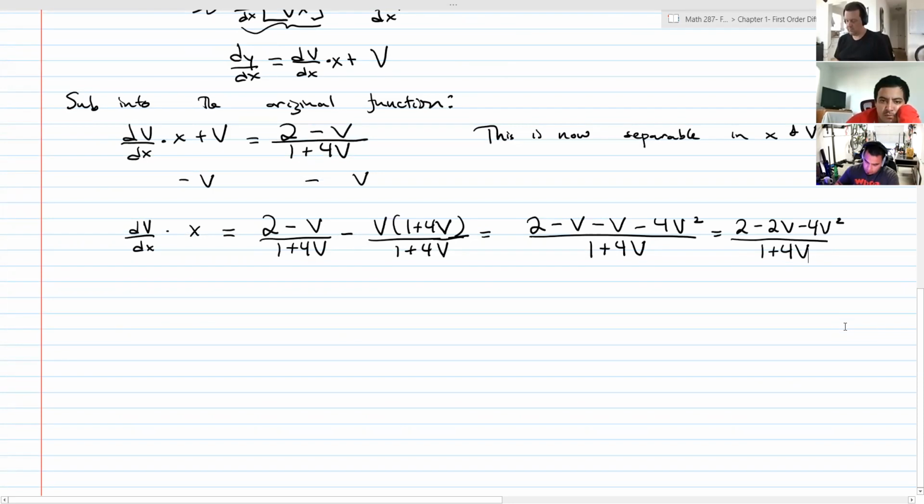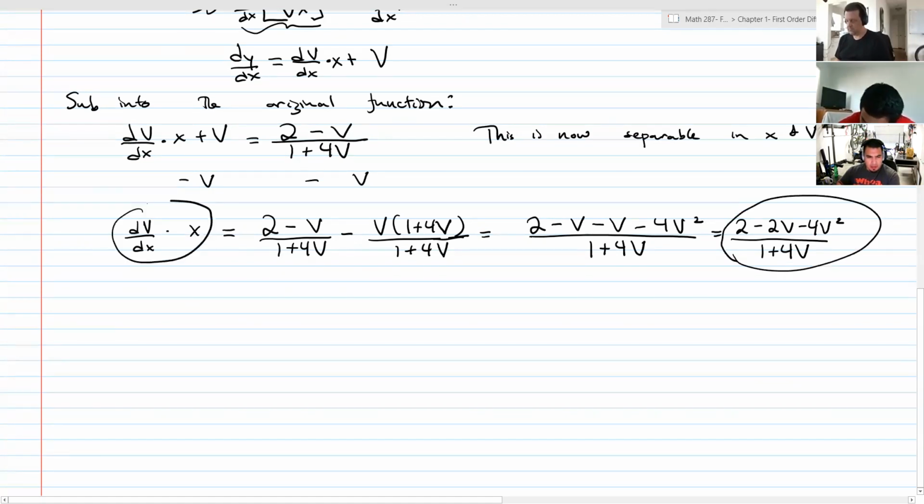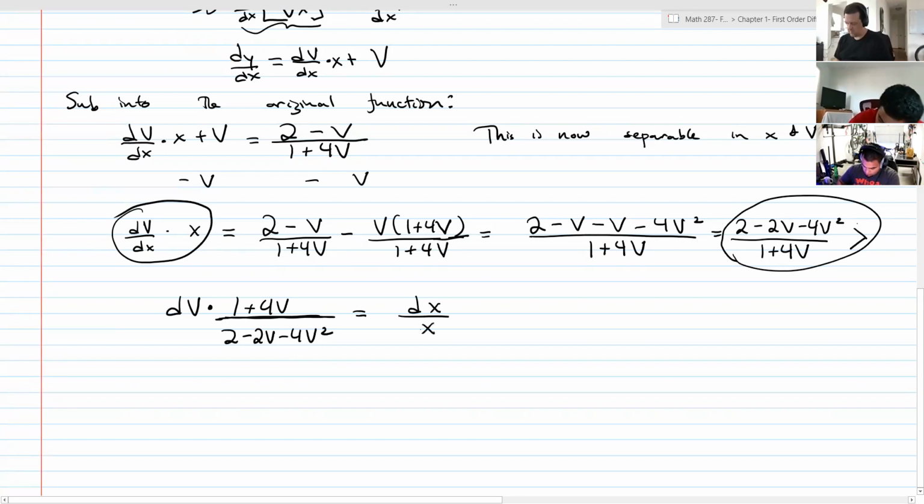Okay, so now we've got this. And now what you're going to see is we can separate out. This is all in terms of v, and then we can separate out this side. So we're going to get dv times, and we take the reciprocal here, so it's going to be dv times 1 plus 4v over 2 minus 2v minus 4v squared, and that'll equal dx over x.